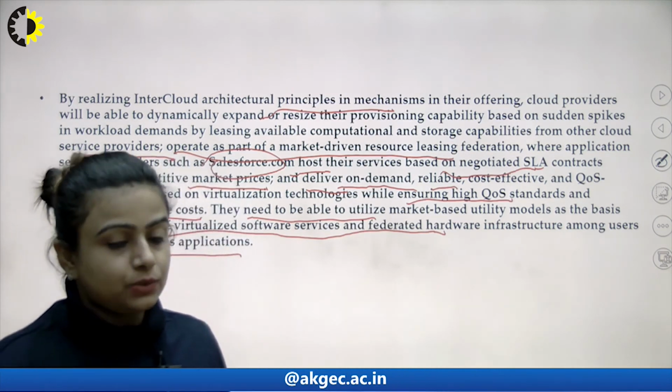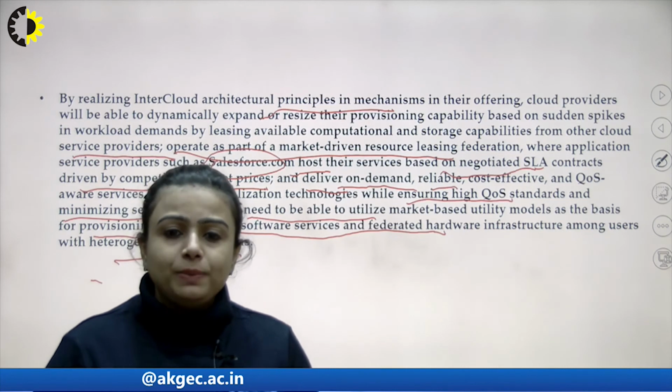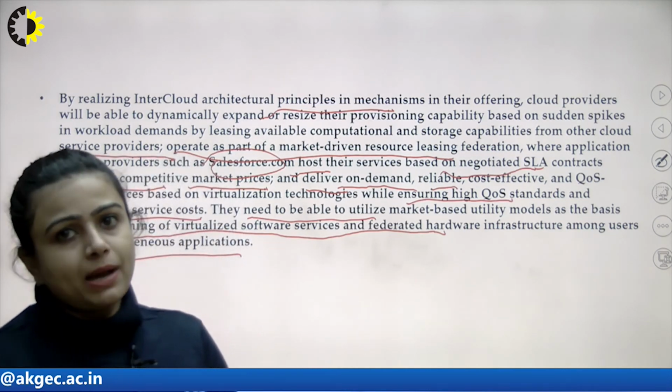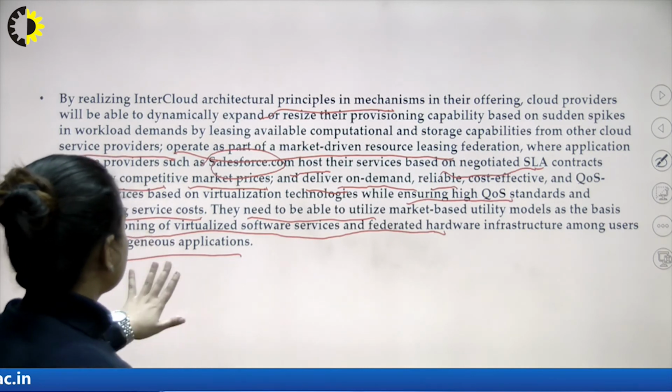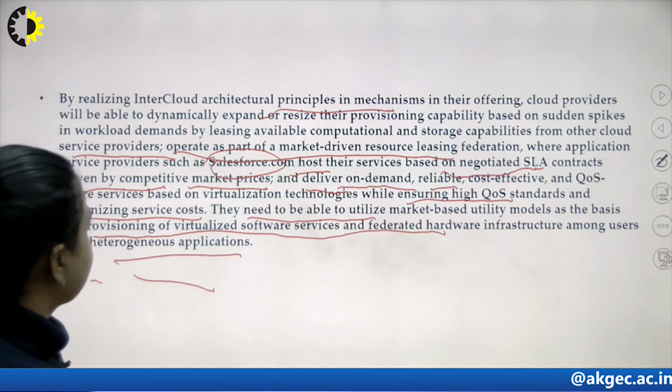And in case there is a centralized site failure, the common data center should be able to manage any kind of site failure. So this is about your cloud architecture and the intercloud reference architecture.